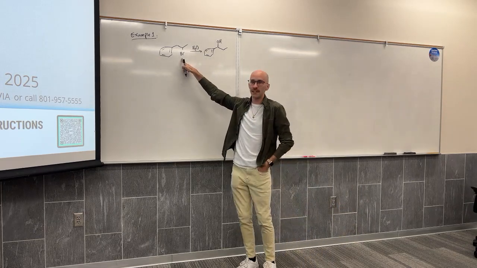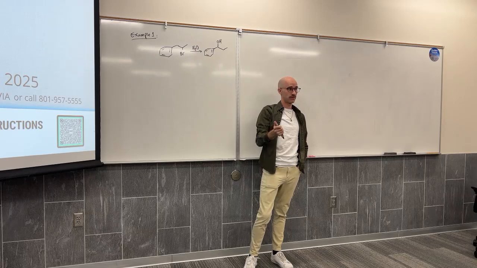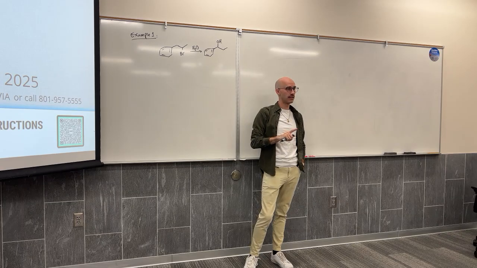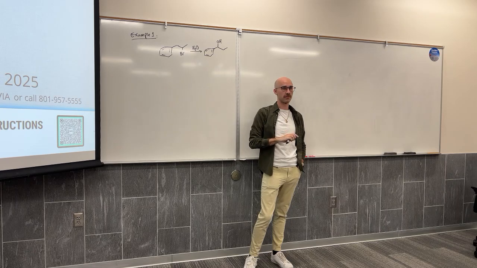What's happening here is a structural rearrangement, which tells you what? Carbocation intermediate. If there's a carbocation intermediate, what type of mechanism is happening? First order substitution or second order substitution? Second order does not have a carbocation.